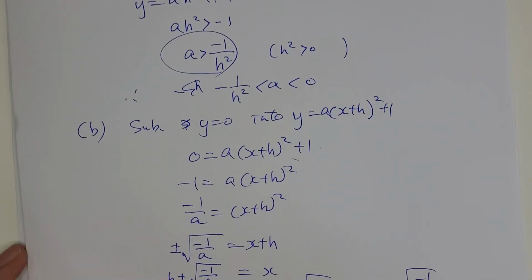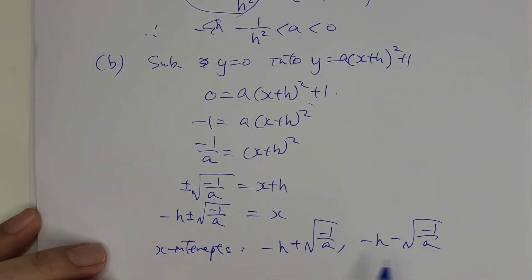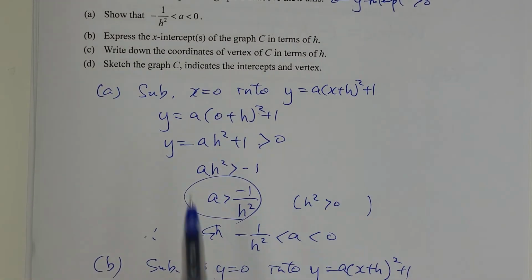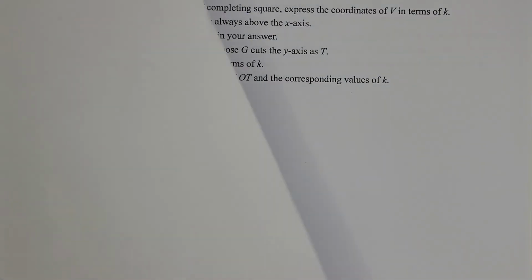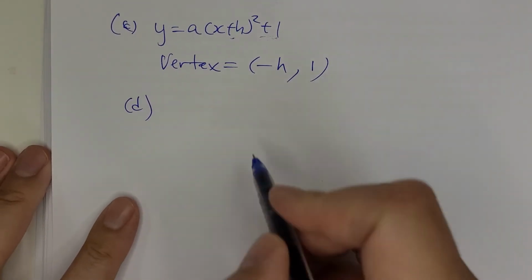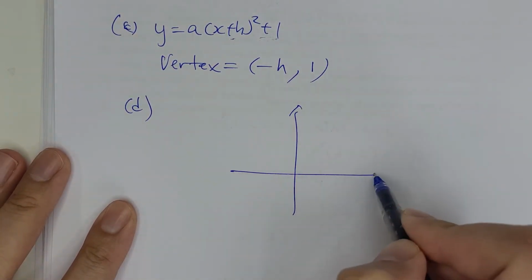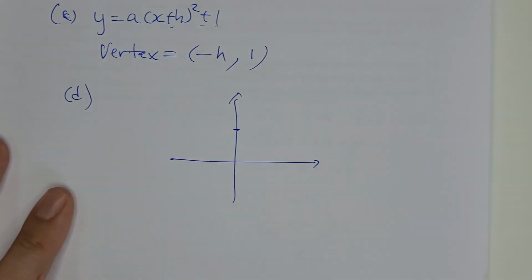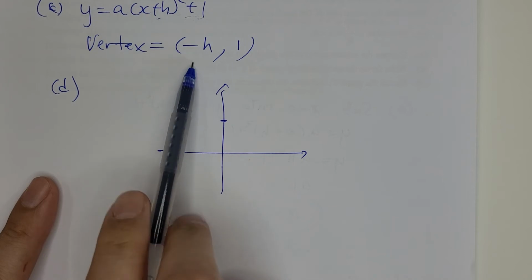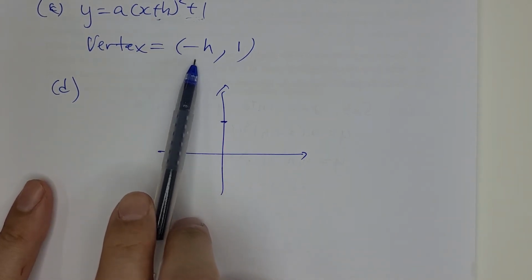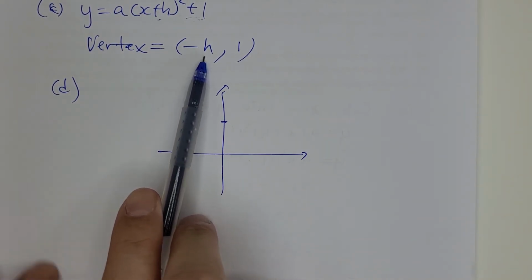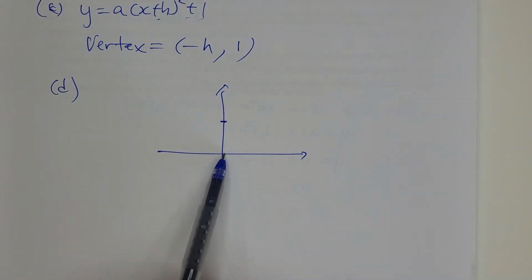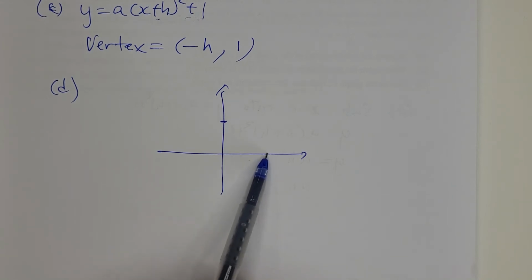So we have the x-intercepts, we have the y-intercept, which should be positive, okay? And hence you can sketch the graph now. You have the positive y-intercept, and also look at the sign of the vertex. h is negative, so negative h is positive, and that means the vertex will be on the right hand side.